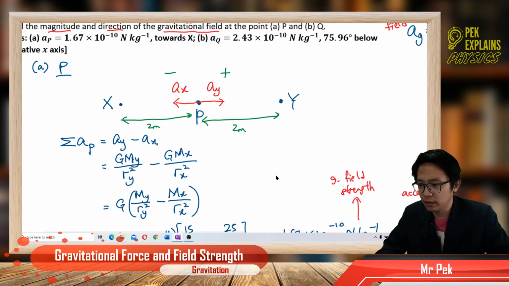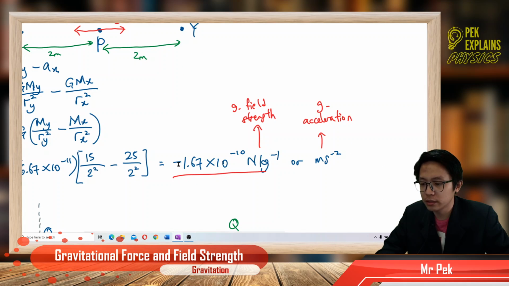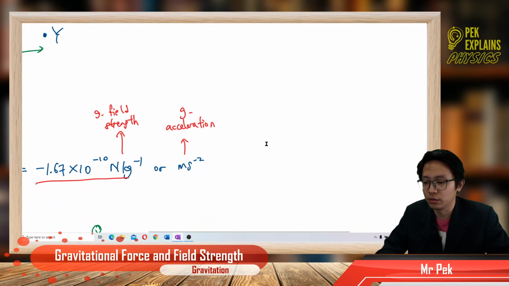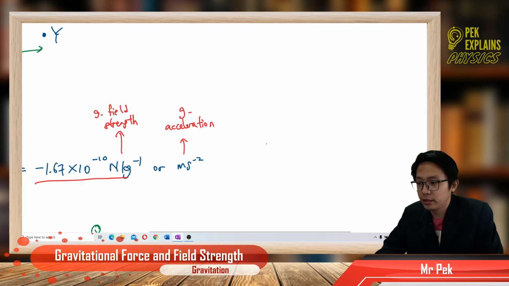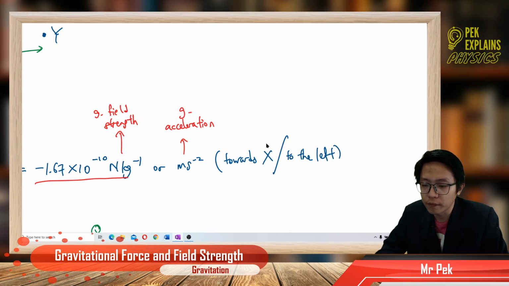But you need to give also the direction. Negative means to the left. The resultant is to the left, which means AX is stronger than AY. That's why the resultant is towards X. So your direction is towards X, or you can write to the left.